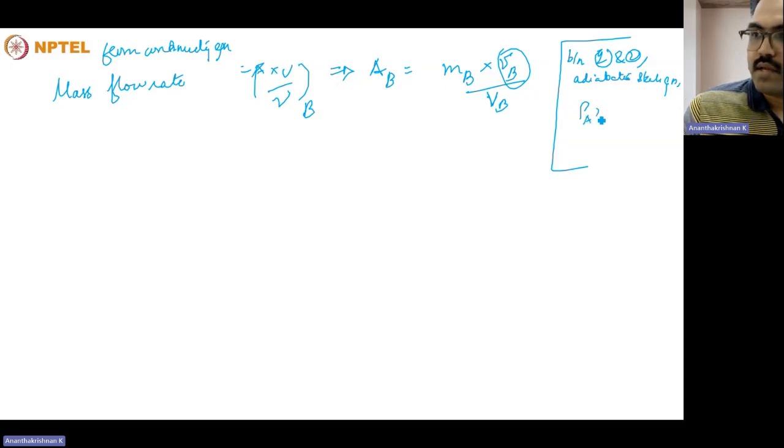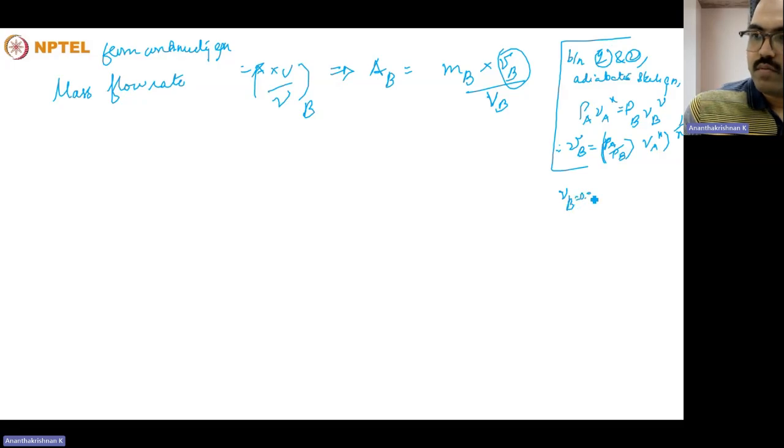So P into specific volume raised to gamma at A equals PB into specific volume raised to gamma at B. Therefore, from that, nu B will be equal to PA divided by PB, raised to 1 by gamma, into VA.